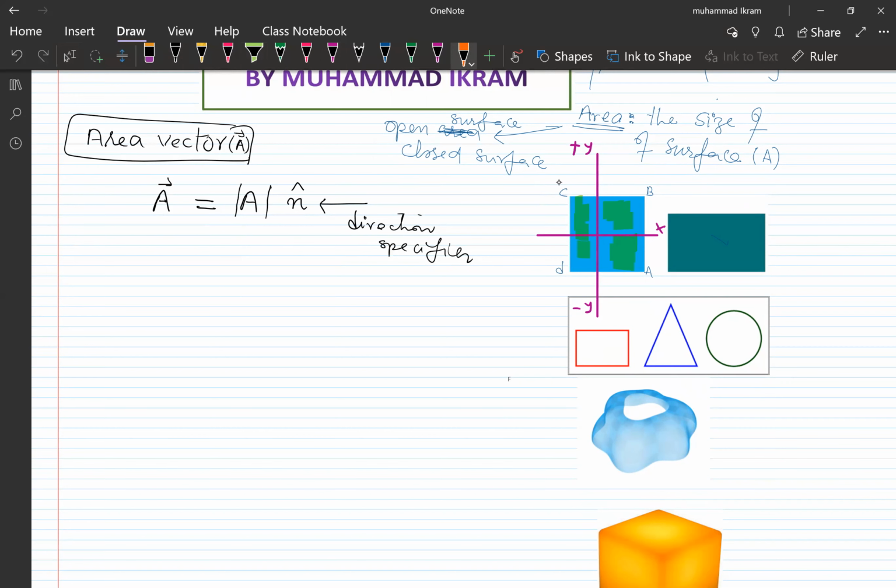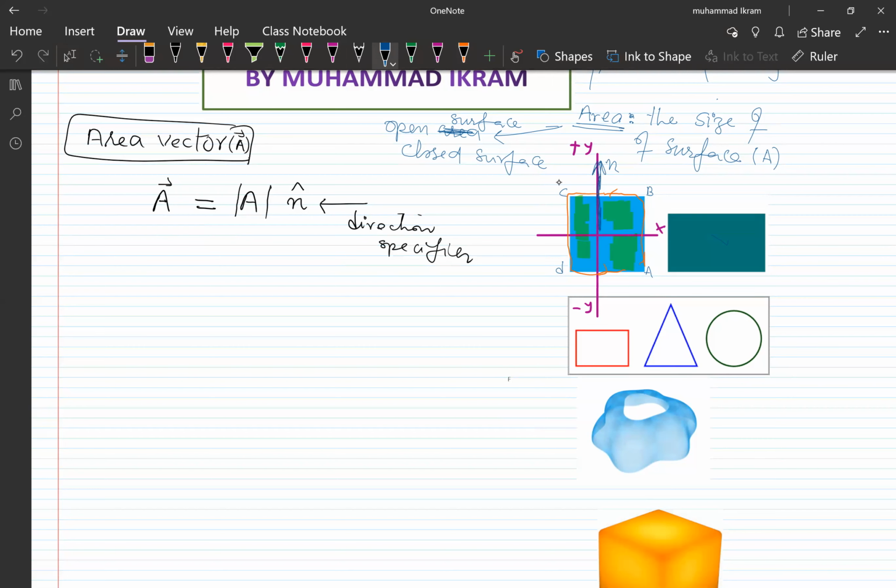For example, if I curl my finger in the direction specified by this orange pen like this, then the thumb always points up, right? So what does this mean? That the area vector for this blue area will be along the positive y direction. So we can specify the direction of the area vector by using the right hand rule.